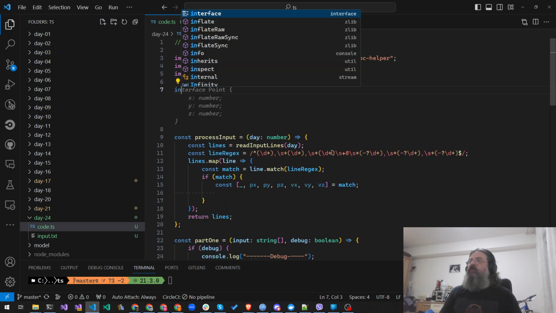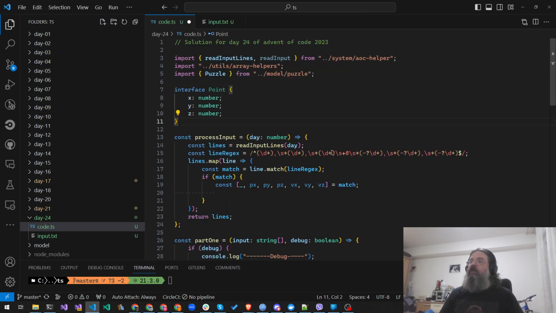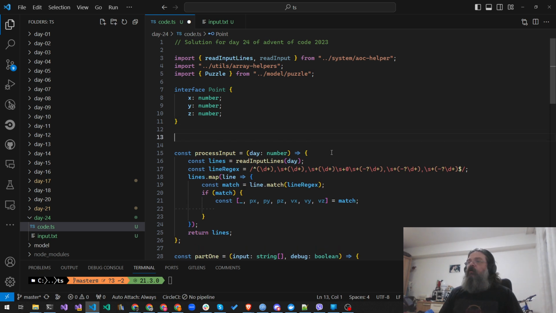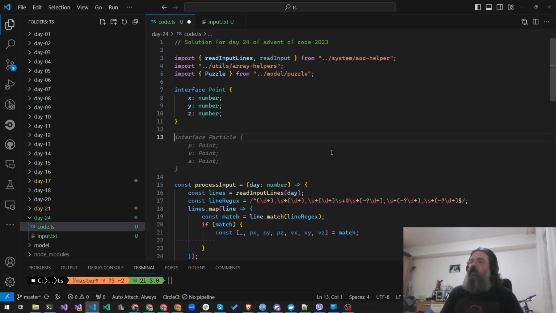However, I will define some interfaces. Yes, that's the most used interface so far, and we will define our interface particle. This is a Hell particle and doesn't have a PVA. So this would be position, velocity, acceleration, but let's be explicit, position, velocity.